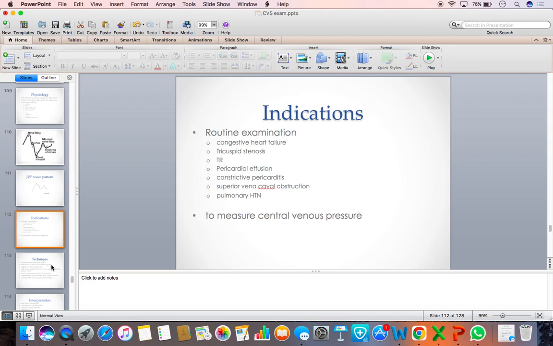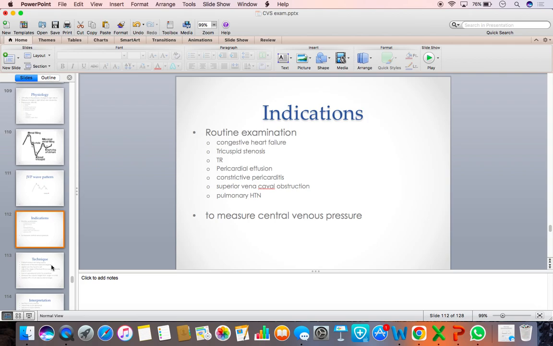In tricuspid regurgitation also there is increase in the intra-atrial pressure, but it occurs during the ventricular systole, because in this condition, that is tricuspid regurgitation, there is a retrograde flow of the blood from the right ventricle into the right atrium, resulting in the tall, prominent V waves.